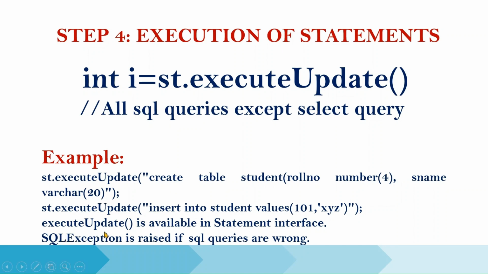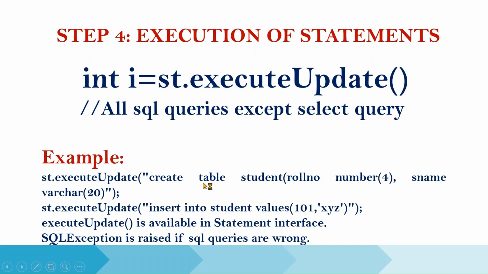Now, this executeUpdate method is available in the Statement interface. So that's the reason we are calling it with st, which we have written in the third step. Now, suppose the SQL query you're writing here is incorrect, it could be a syntax problem or some values are missed.